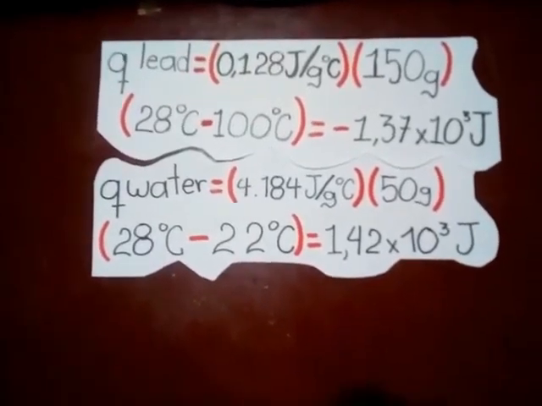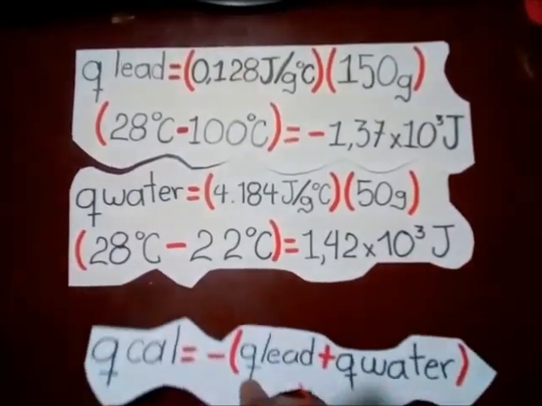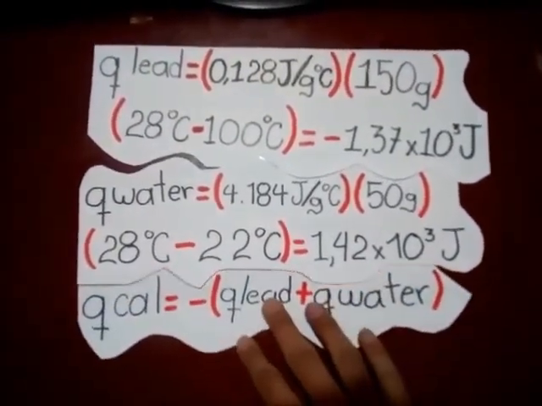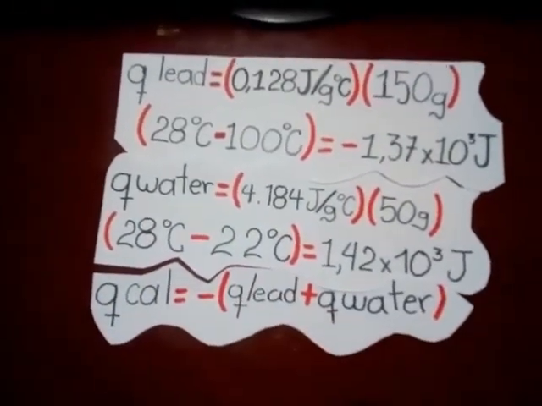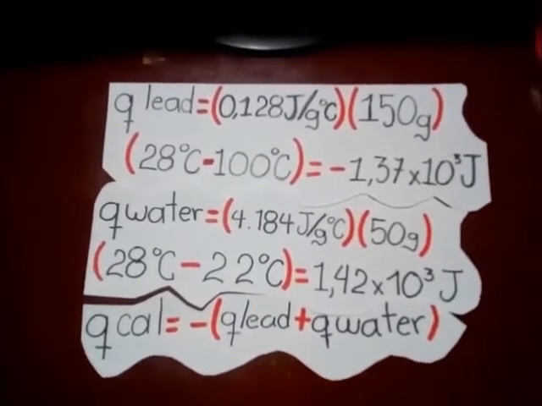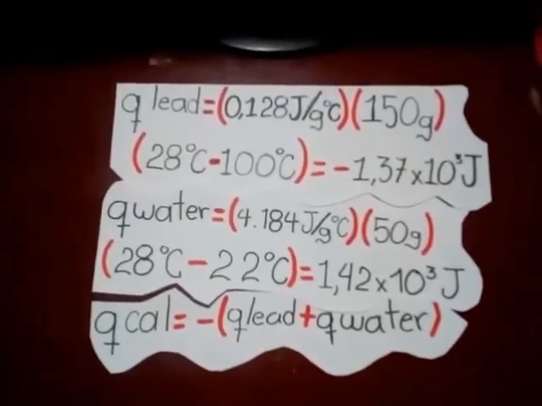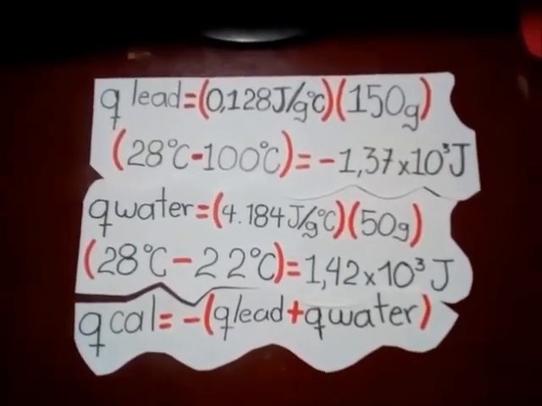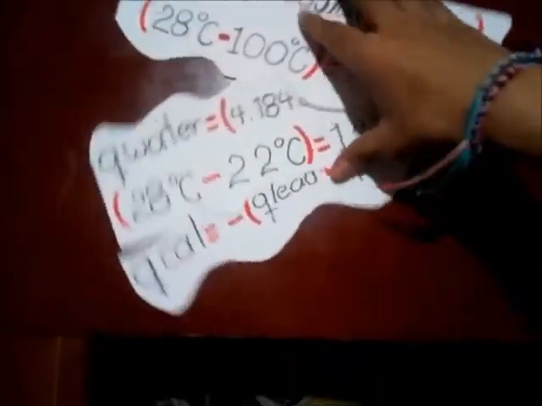And for the water, Q water is equal to (4.184 joules per gram Celsius)(15 grams)(28 Celsius minus 22 Celsius), which is equal to 1.42 times 10 to the third joules.